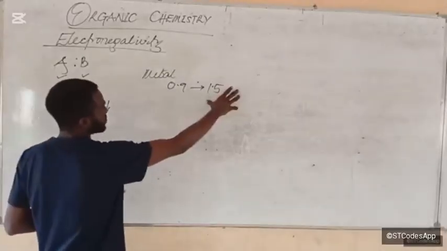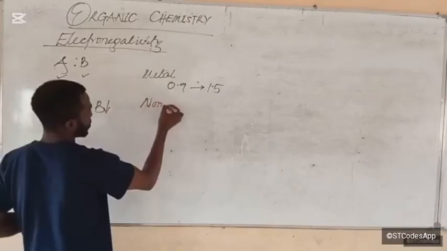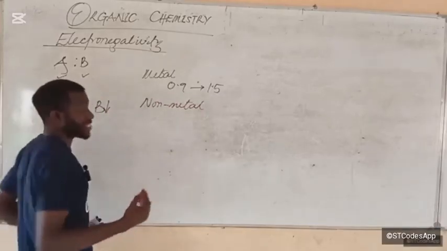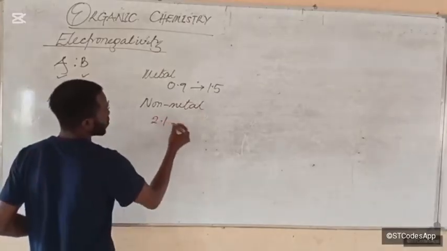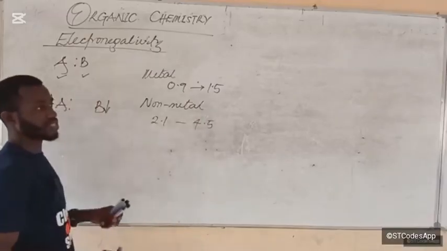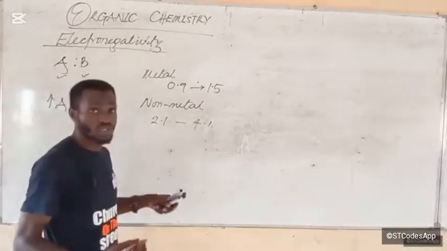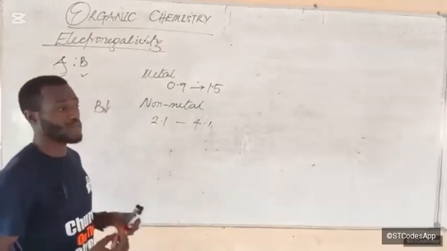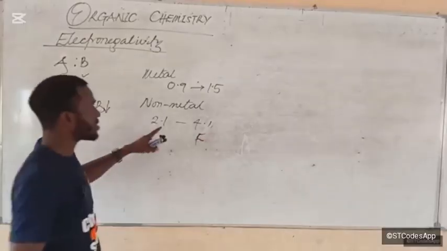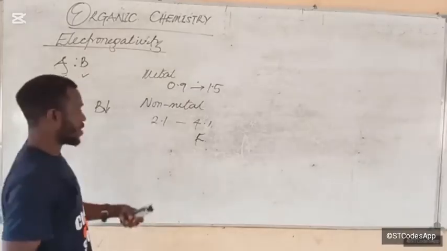Non-metals, including hydrogen, usually have higher electronegativity values, ranging from 2.1 to about 4.1, which is the electronegativity value of fluorine, the most electronegative element on the periodic table, while the least electronegative is cesium, right?